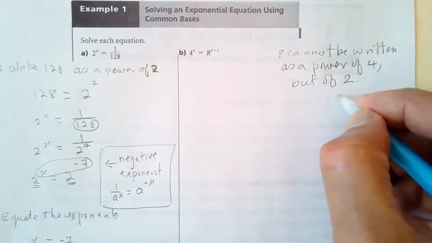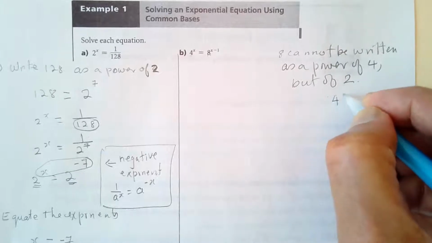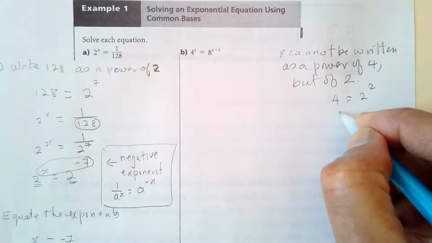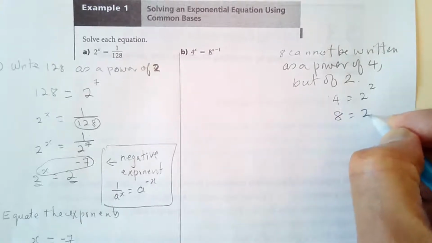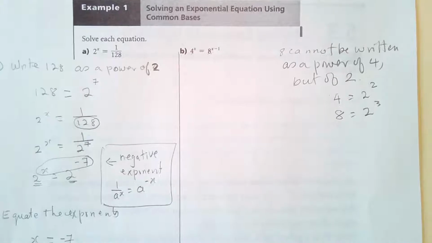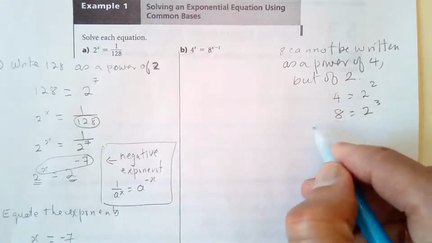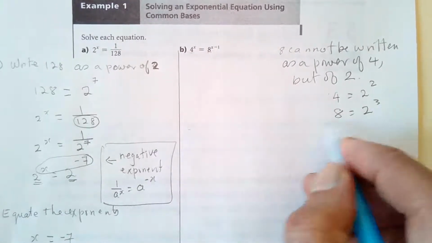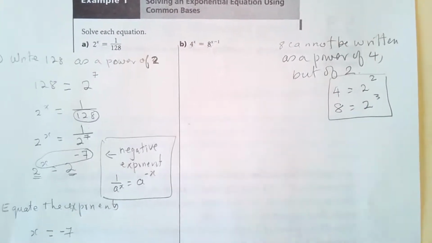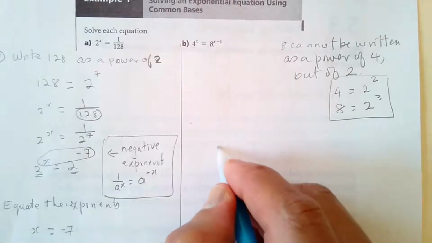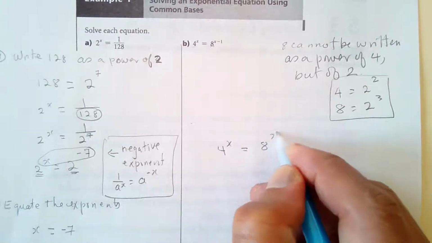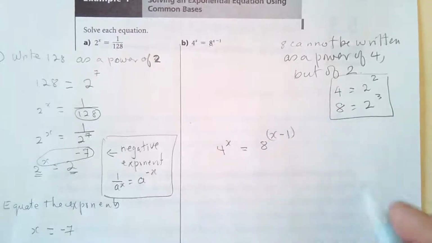So for example, 4 is equal to 2 to the power 2, and 8 will be 2 to the power 3. So we have this here: 4 to the x is equal to 8 to the x minus 1. I'll put a bracket around those.